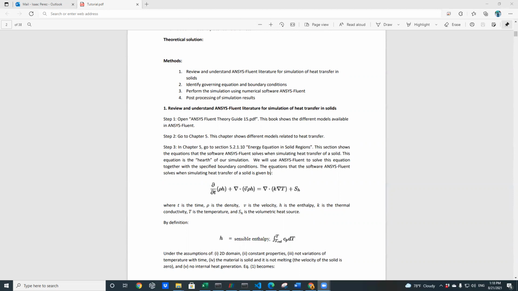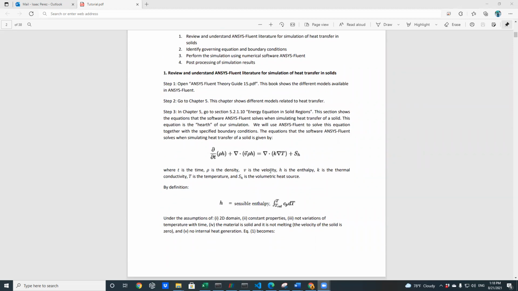So step 1, open ANSYS-Fluent Theory Guide 15.pdf. I uploaded this manual into my courses. This manual shows the different models available in ANSYS-Fluent. Now go to chapter 5. This chapter shows the different models related to heat transfer.